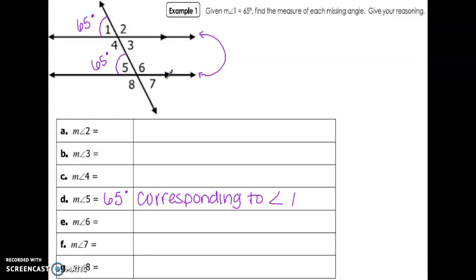However, they have to be on opposite sides of the transversal. So the alternate exterior angle to number 1 is actually number 7. That's congruent. That's also 65 degrees. So you go down here to F, measure of angle 7. That's 65 degrees because it is alternate exterior to angle 1.